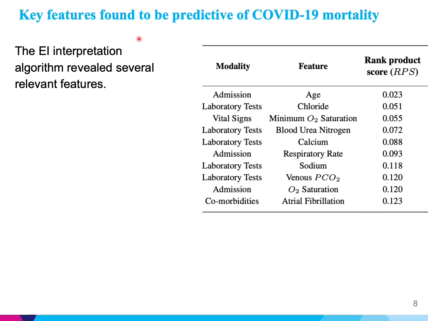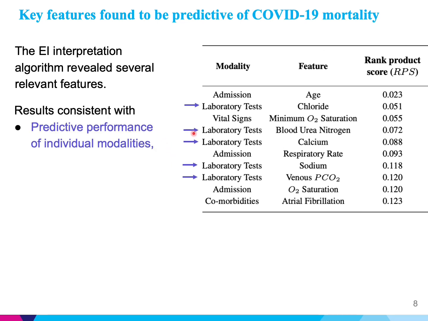We also applied the model interpretation to the COVID-19 mortality prediction. Here are the predictive features of COVID-19 mortality. The interesting thing is that it's consistent with the previous slide, that laboratory test is the major modality.